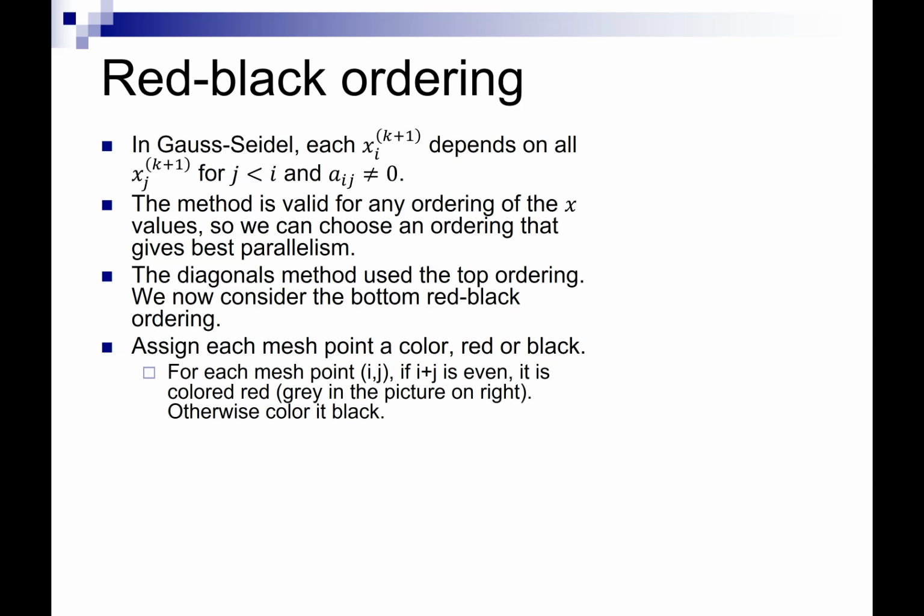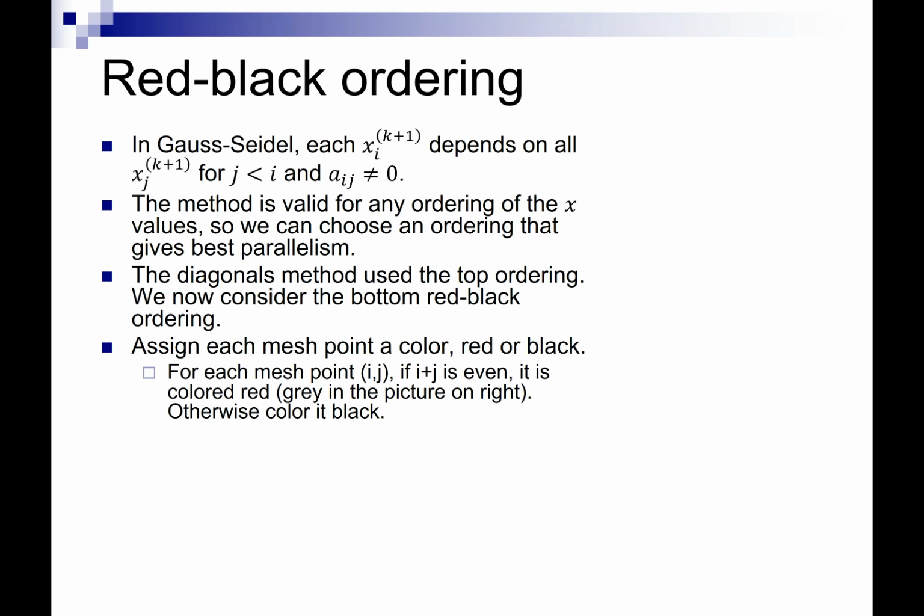To see how this works, we know that in the Gauss-Seidel method, when you're computing the ith component of x of k plus 1, this is only going to depend on x of k plus 1 for components j less than i. If j is larger than i, then we don't need the value from x of k plus 1, we only need it from x of k.